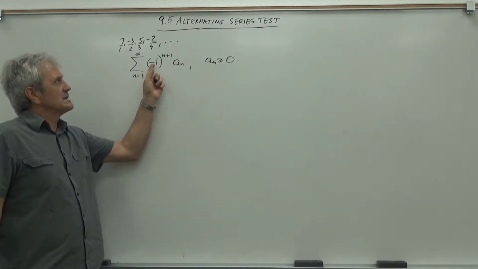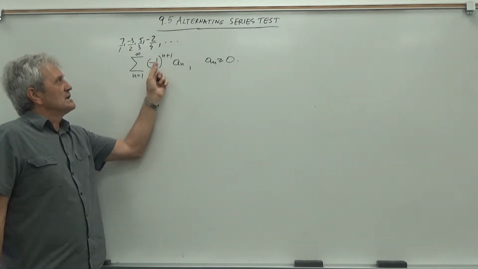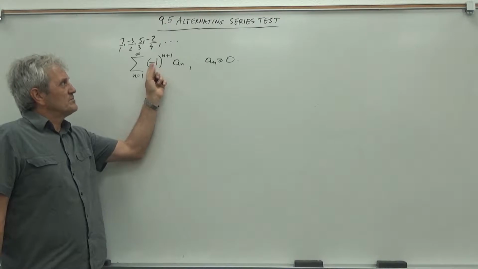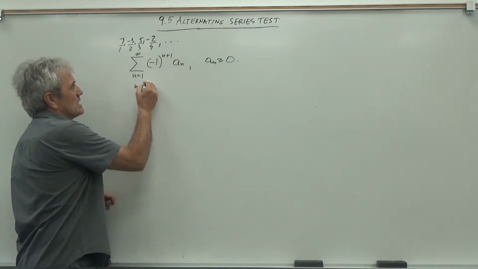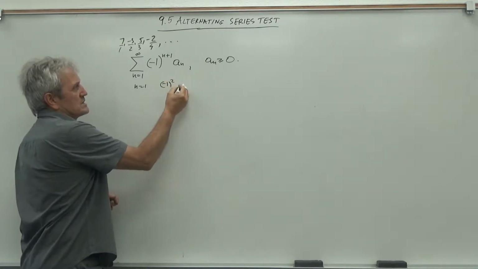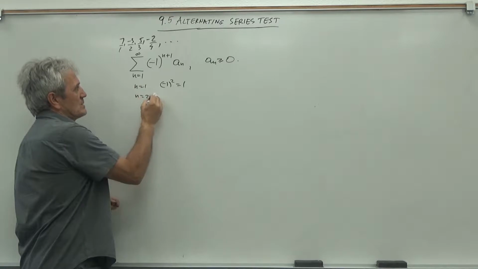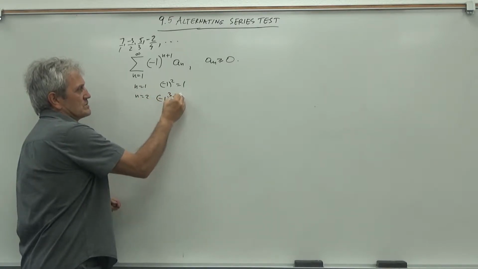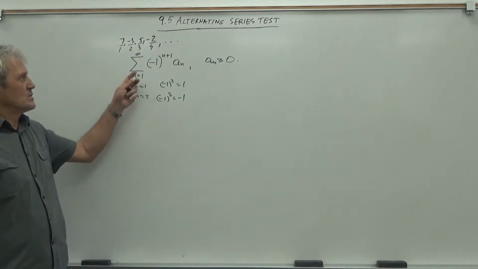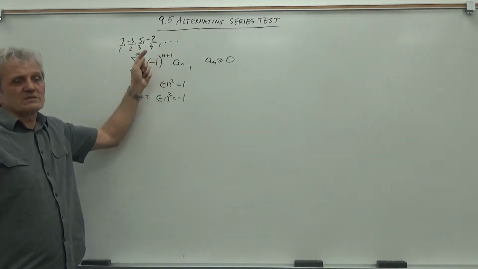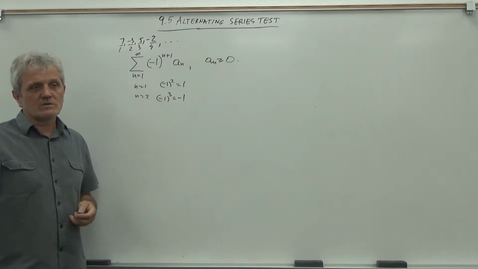And the alternation of the sign is obtained with this factor negative 1 to the n plus 1. Why? Because when n is 1, you will get negative 1 squared, which is 1. That makes it positive. But when n equals 2, you will get negative 1 to the 3, which is negative 1. So generally, even exponents make it positive, and odd exponents make it negative, and so on.